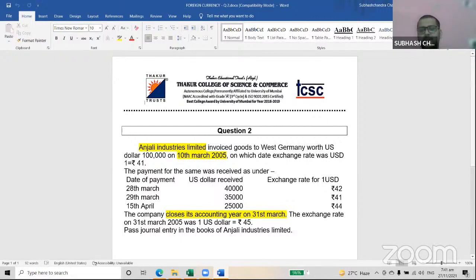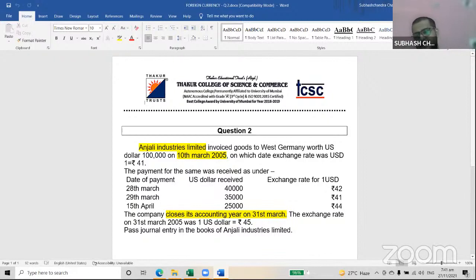Because see, if you are buyer, then the increase or decrease in exchange rate has a different effect, or vice versa. If we are debtor, impact will be different. If we are creditor, impact will be different. So first we will decide the status of us, Anjali Industries Limited, then the date of payment, and then most important, the financial year.